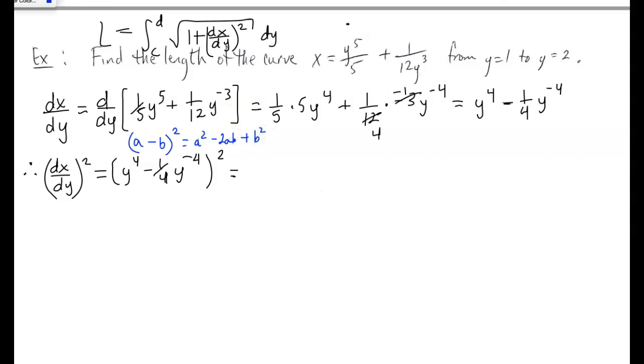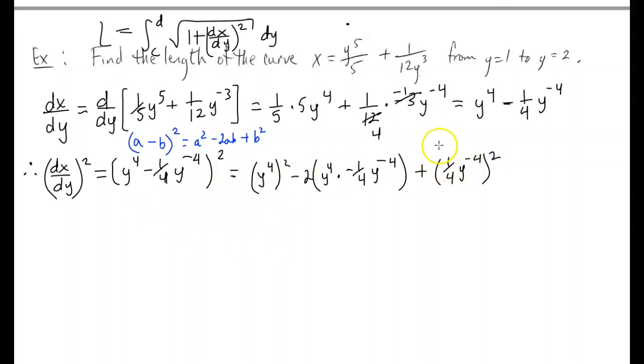So we're going to follow that. And thus we end up having y to the 4 squared minus 2 times y to the 4 times 1/4 y to the negative 4, and then plus 1/4 y raised to the negative 4 squared. And of course, we'll work that out and simplify that.